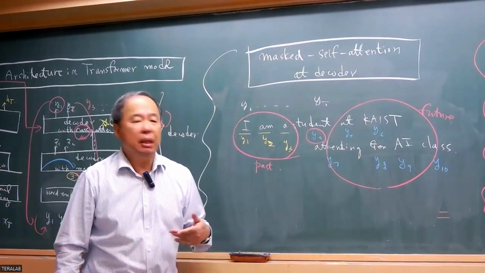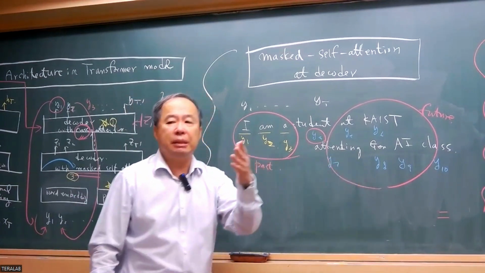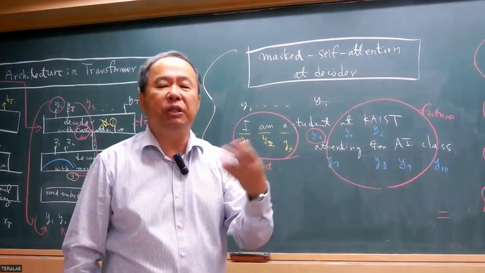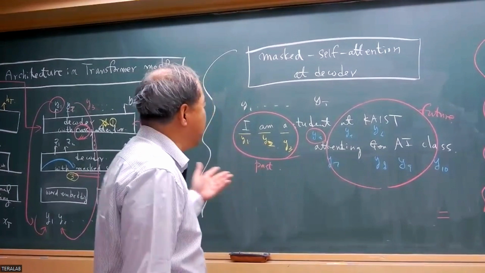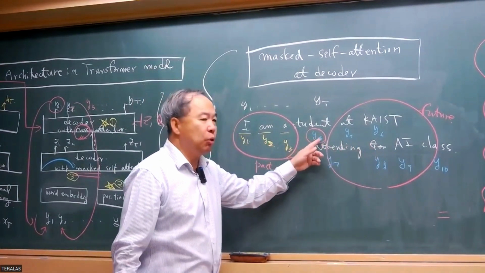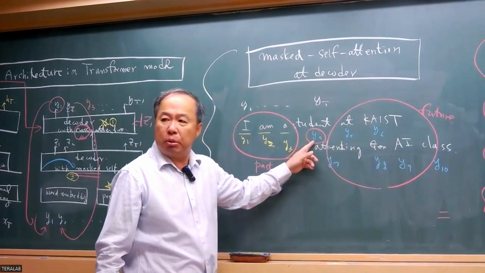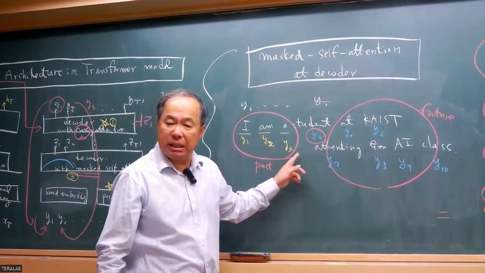But we human beings talk a lot about our future. We are studying here to build up our bright future. But somehow the transformer model doesn't look at the future. It is producing y4, that is the best probability after y1, y2, and y3.